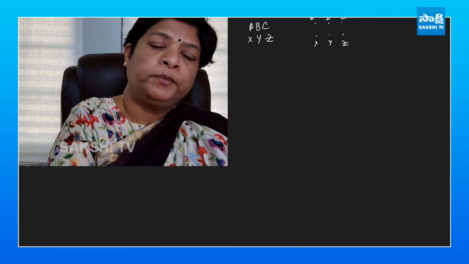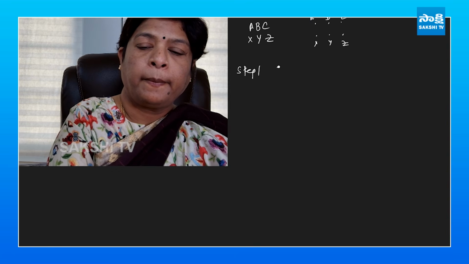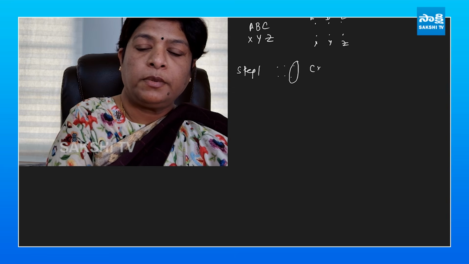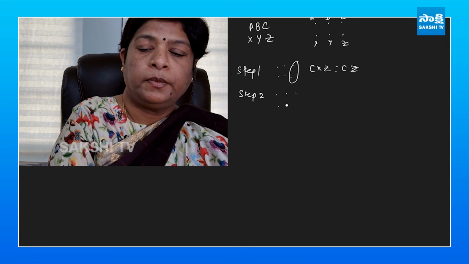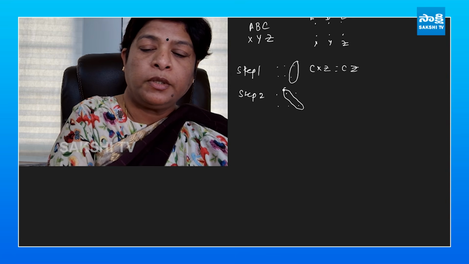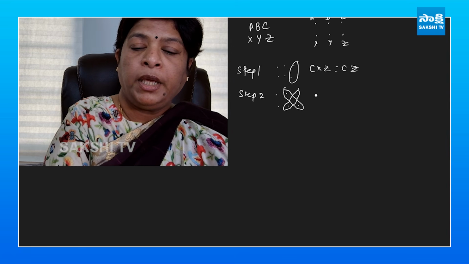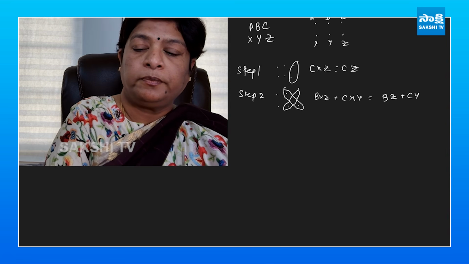So step 1: C times Z equals CZ. Step 2: cross multiplication of the ones and tens place. So B times Z plus C times Y, BZ plus CY.